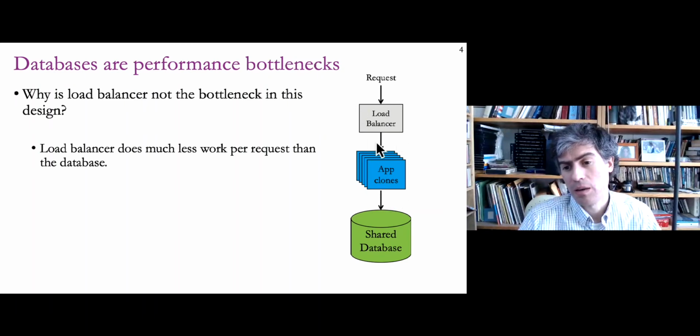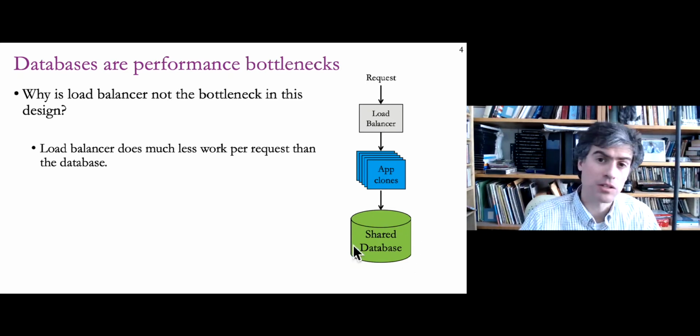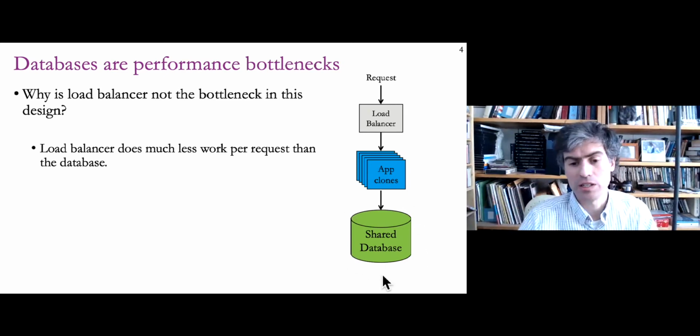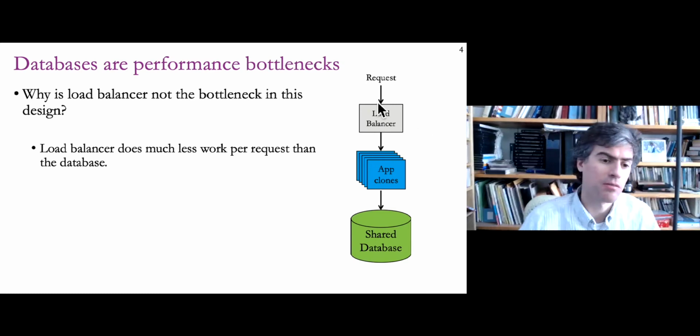So that can happen very quickly. Whereas these databases are actually accessing data on disk. Disks are slow, or in memory, and perhaps modifying complex data structures like trees and hash tables and whatnot to access data. So there's a lot of work going on in the database for a single request, whereas the load balancer is just handing stuff off.